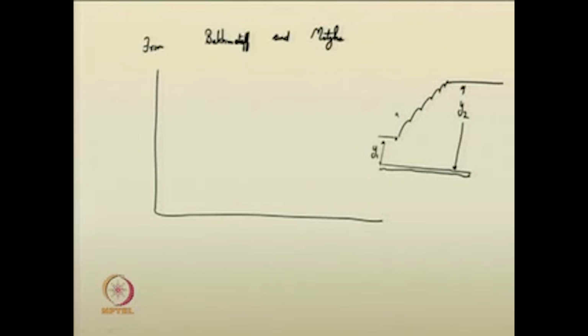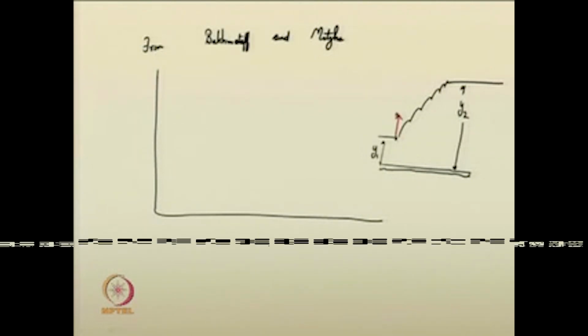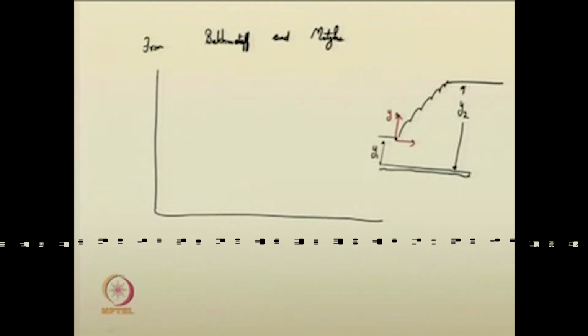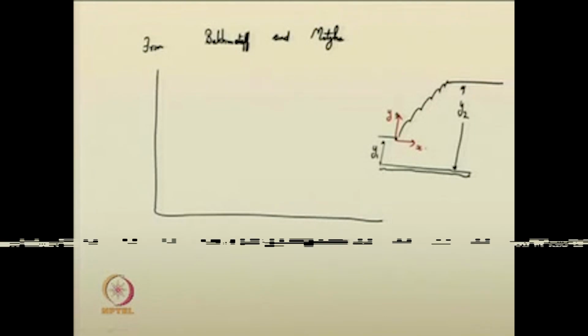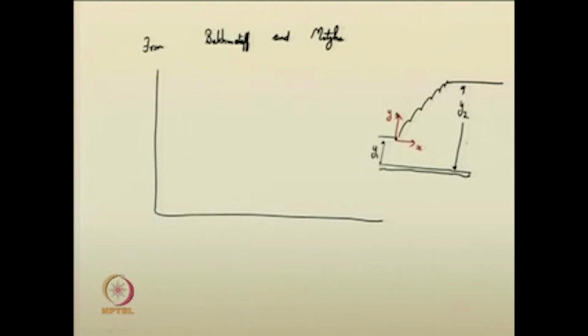If I consider this starting point as the origin, say this is the y direction, this is the x direction, and as you know, this is the height of the jump.